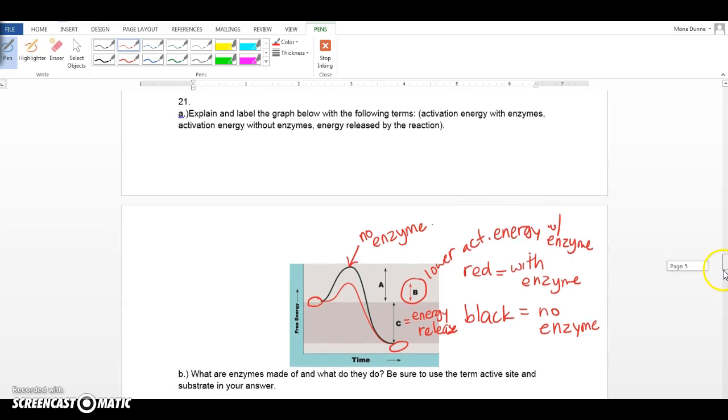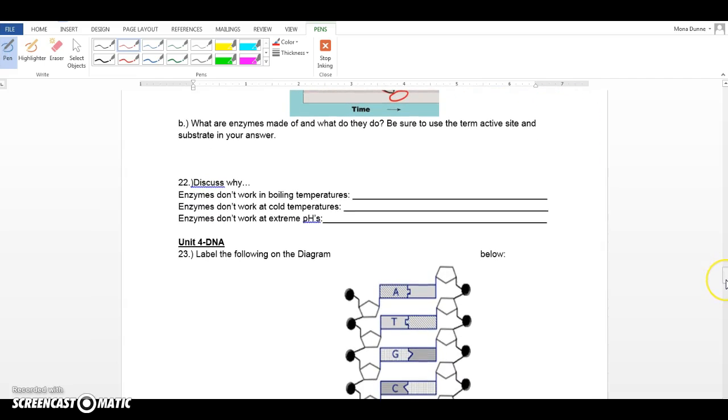All right, let's keep going here. So enzymes are made of proteins. And you can write that they control chemical reactions. Control and, let's say, catalyze, which basically means to speed up. Okay, now in our answer we have to use active site and substrate.